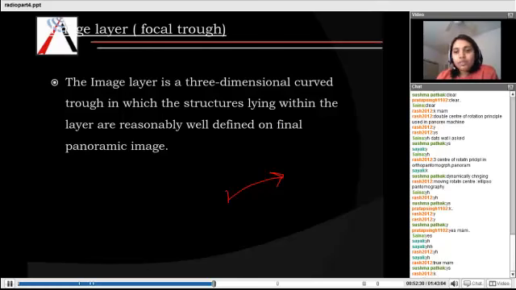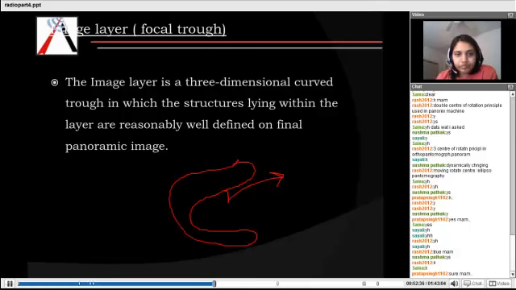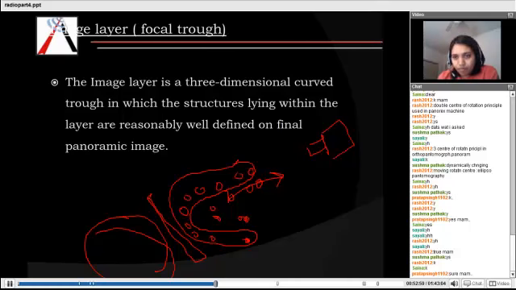Now, when we were talking about the mandible and our image receptor here, and we were changing the rotation point for our X-ray, what we were trying to record every time was the structures closer to the image receptor or the film.